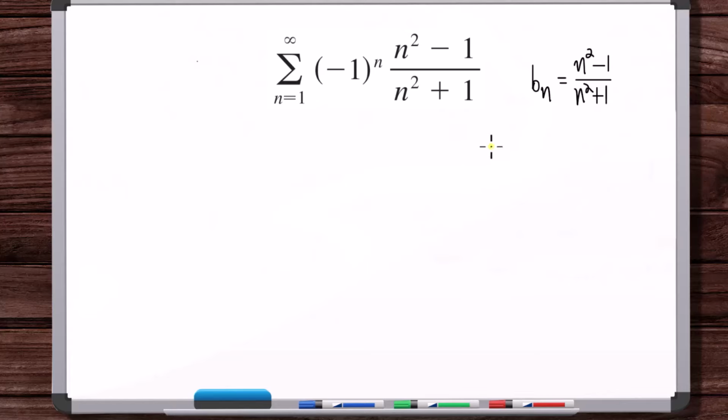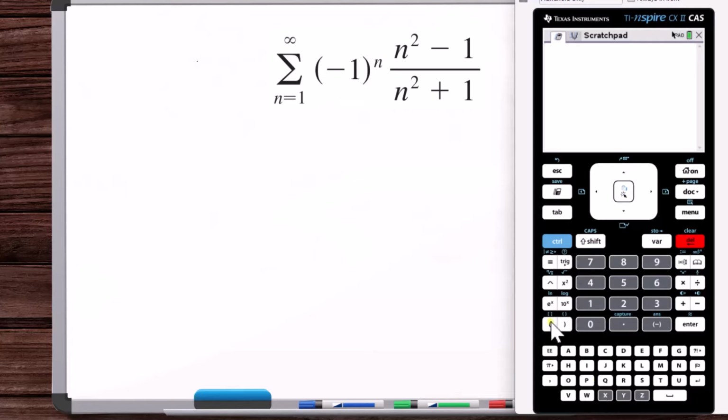Okay, is this decreasing? It needs to be decreasing. So let's just use our calculator to see if it's decreasing. So x squared minus 1 over x squared plus 1. Okay, the derivative, store that as d.